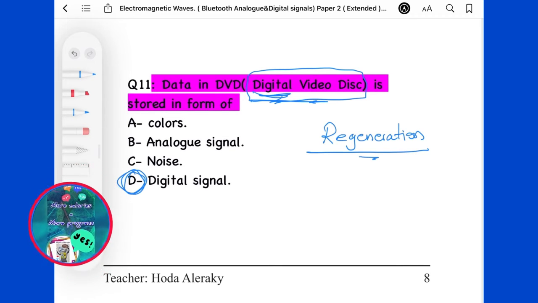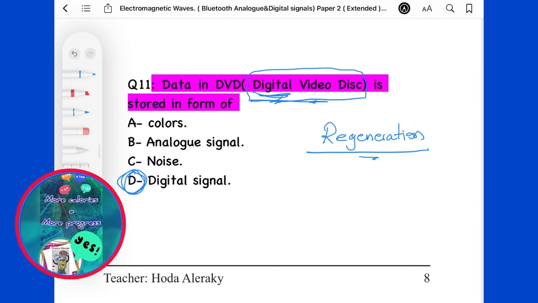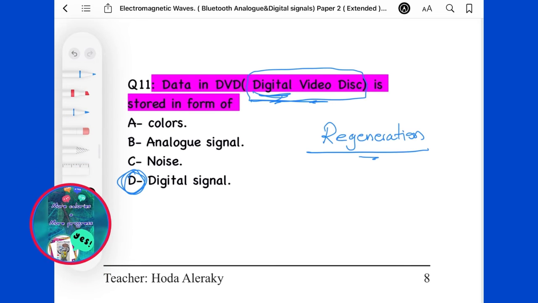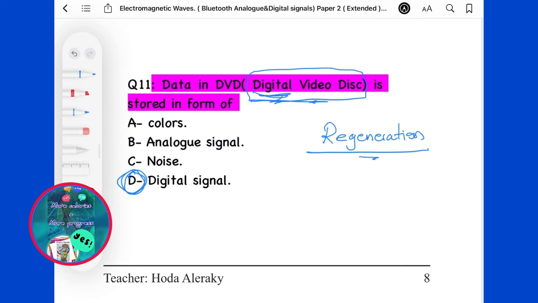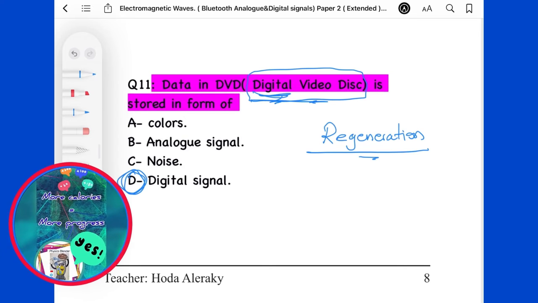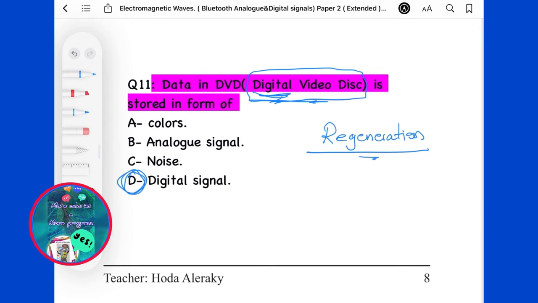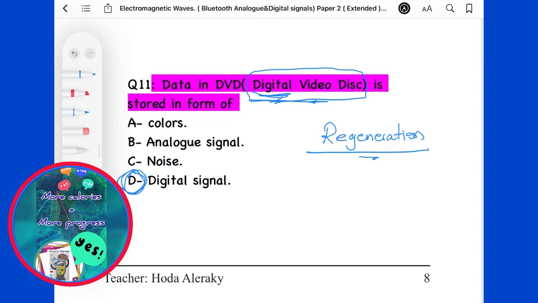So there will not be any noise, or you will find the signal is amplified without noise. Okay? And it's more important to know that more information can be transmitted each second if you use digital signals. You will find all these points at the end of the video. You will find notes about the difference between analog and digital.